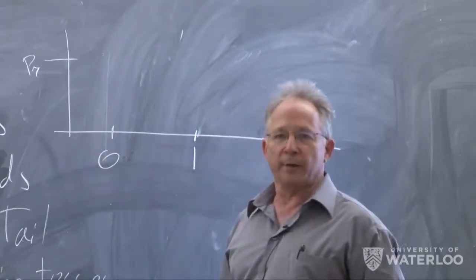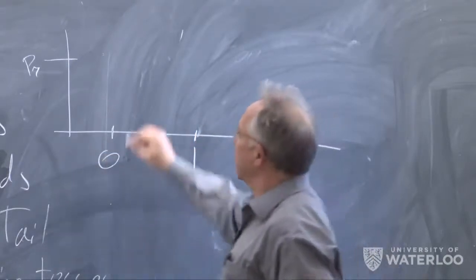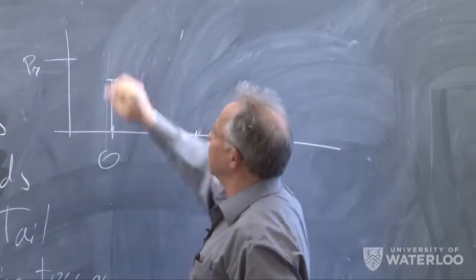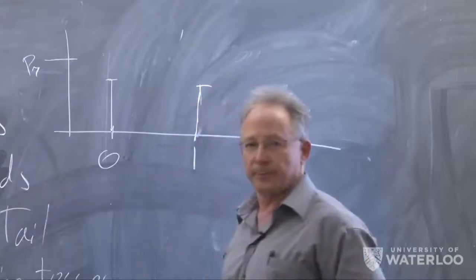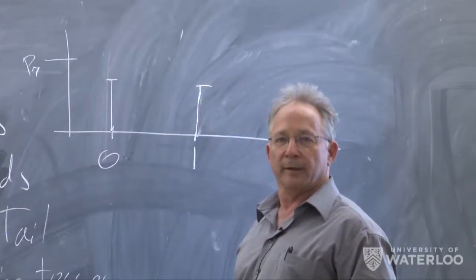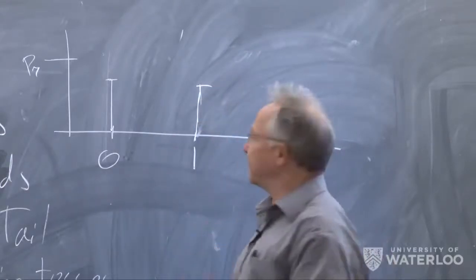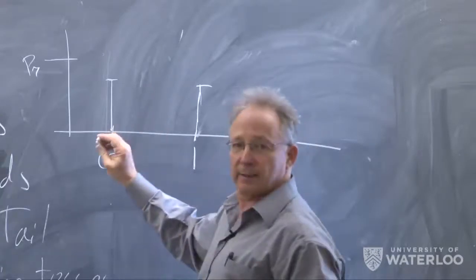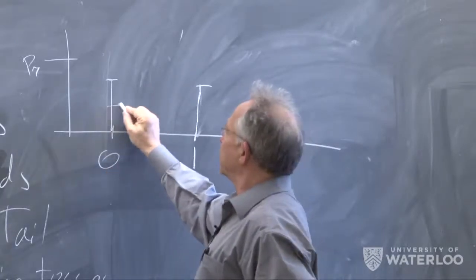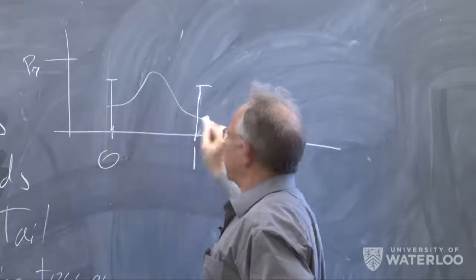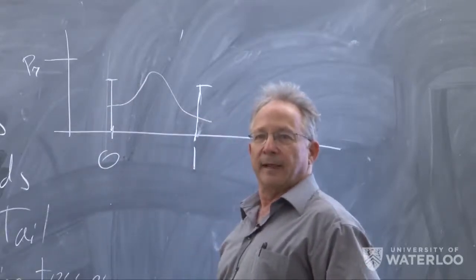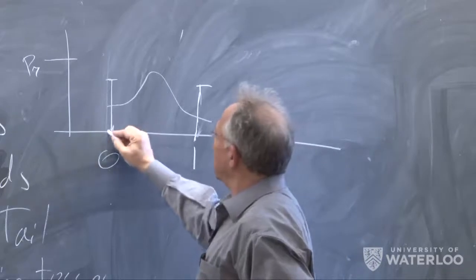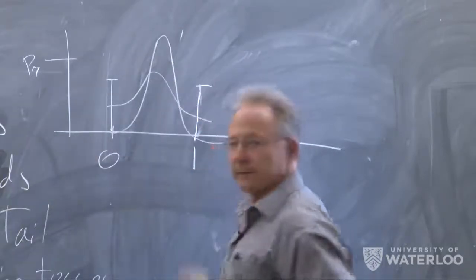If I toss the coin only once, then half the time I'll see just a 0, and half the time I'll see just a 1. If I toss the coin 2 times, then suddenly I'll see something different. I'll see a quarter of the time this, half of the time this, and a quarter of the time this. If I toss the coin 100 times, it will look something like this.